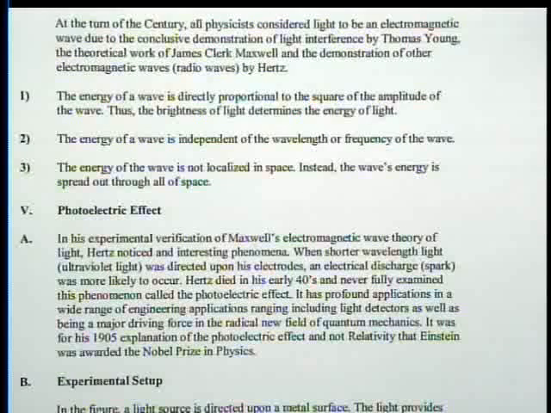What this means is that if you increase the brightness of light, say double the intensity, that is, you raise the electric field by square root of 2, you get twice as much energy on a metal. So the brightness of light in classical physics is related to the energy. We'll come back to that because that's not what we find in the photoelectric effect.